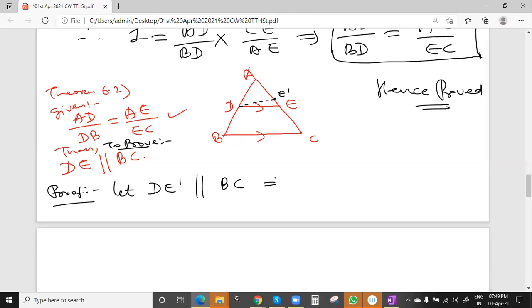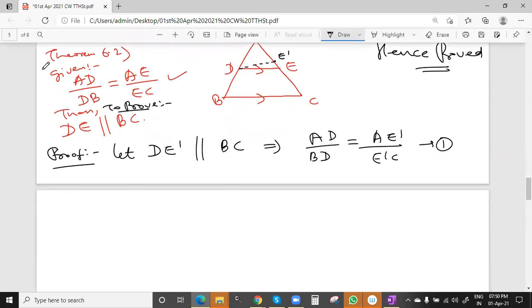If DE dash is parallel to BC, then as per theorem 6.1, AD by DB or BD is equal to AE dash by E dash C. This is equation 1. But what is given?